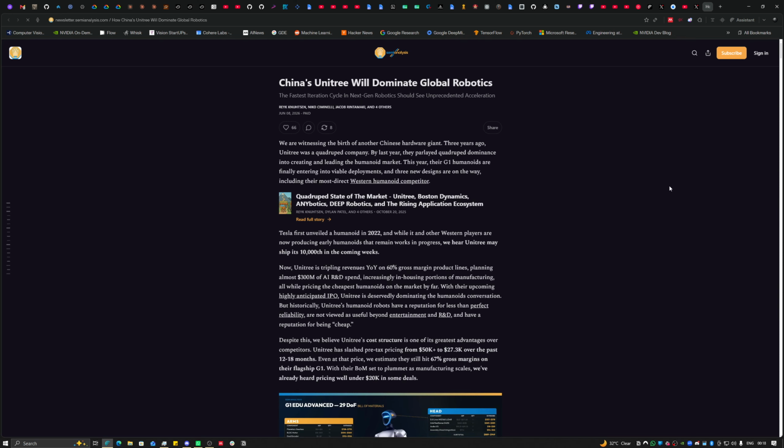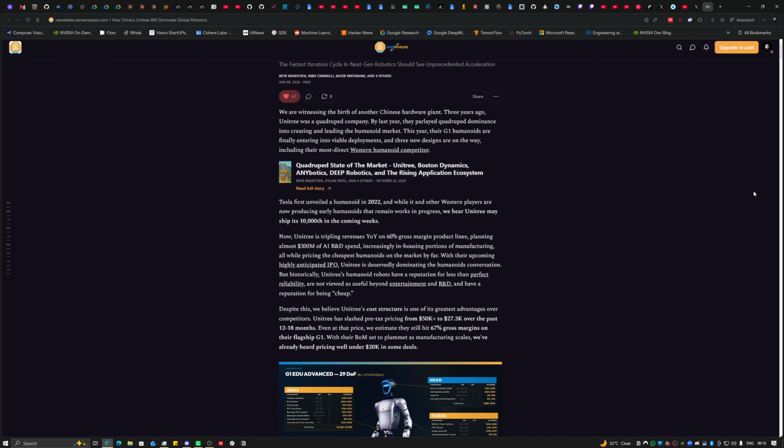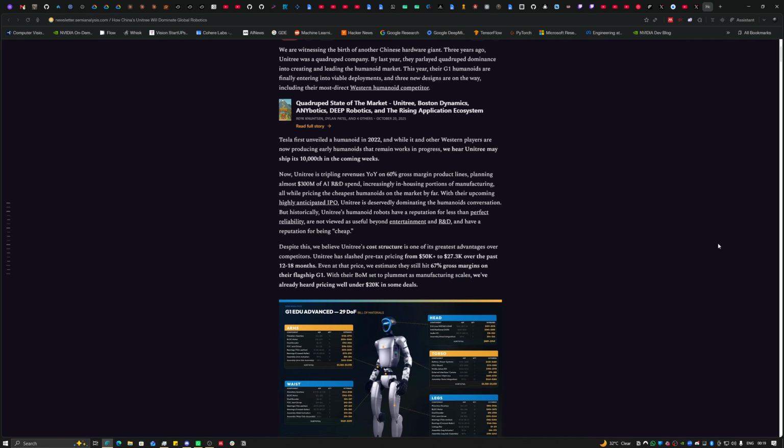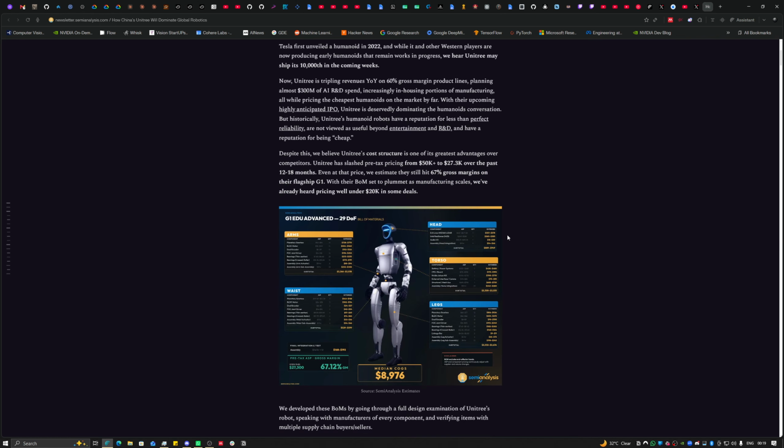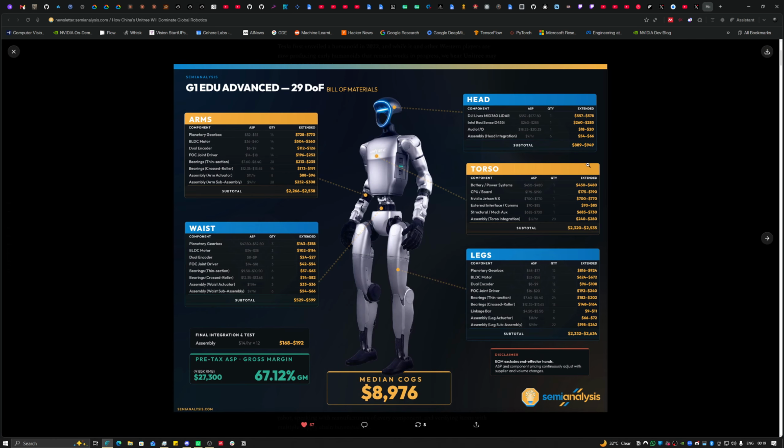China's Unitree will dominate global robotics. Yeah, I see it too. The vision is there. Unitree is tripling its year-over-year revenues on 60% gross margin product lines, planning about $300 million of AI R&D spend. This is the G1 advanced robot with 29 degrees of freedom, approximately $9,000.